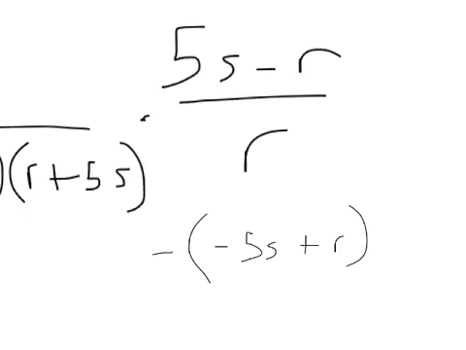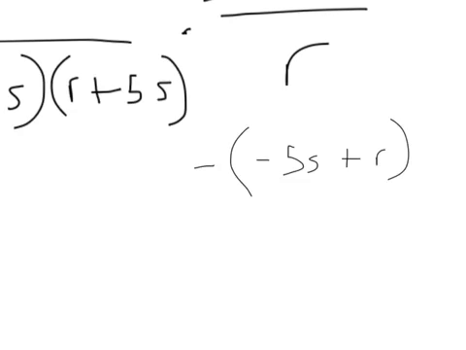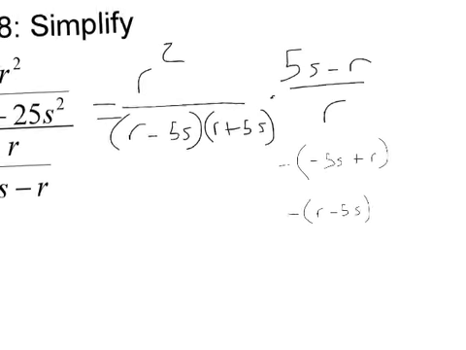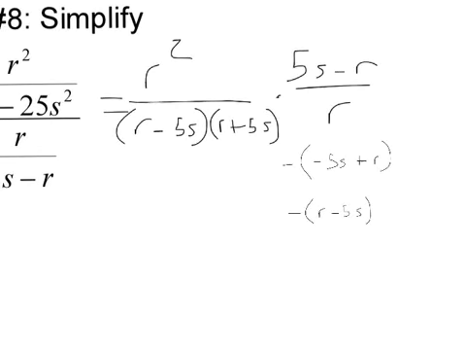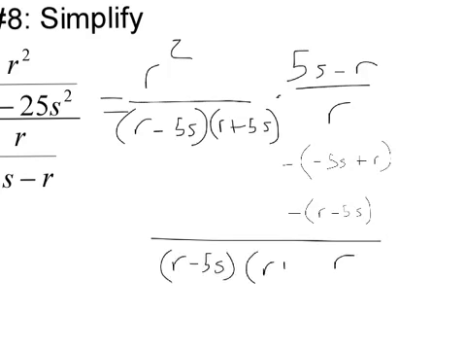Oh, well, now I can switch the order of these guys. I could write that as negative r minus 5s. If I brought down everything else, I'd have an r on bottom, r minus 5s, r plus 5s, and remember an r squared. And this is not r squared minus, so you're going to need to maybe put other parentheses or something so you know you're multiplying by that thing.